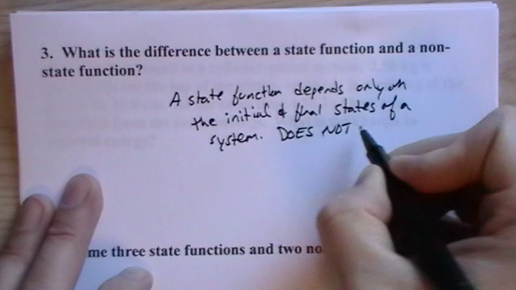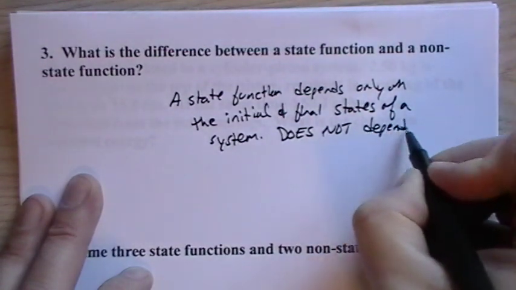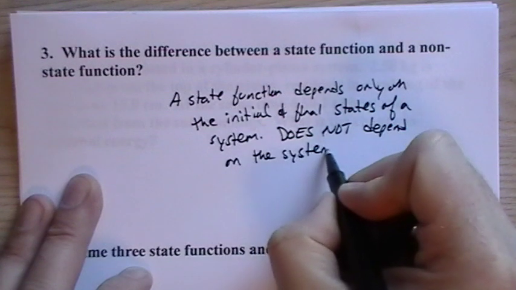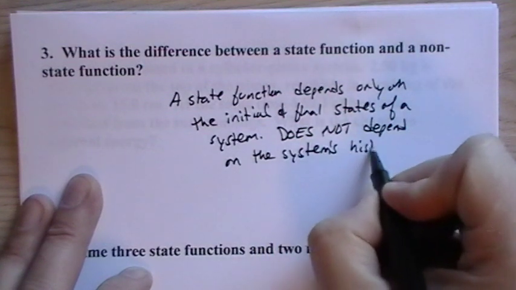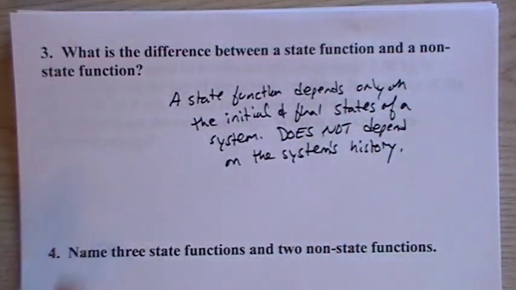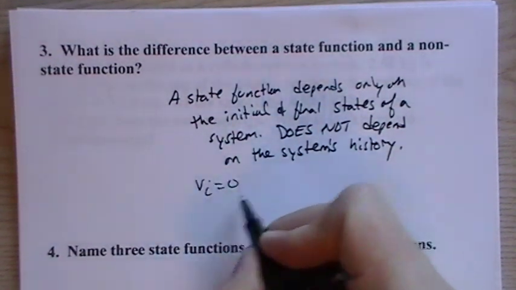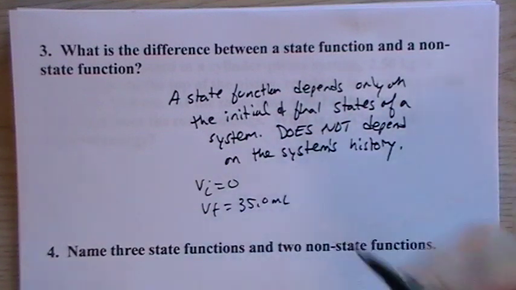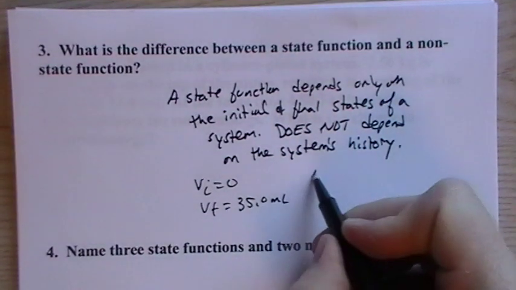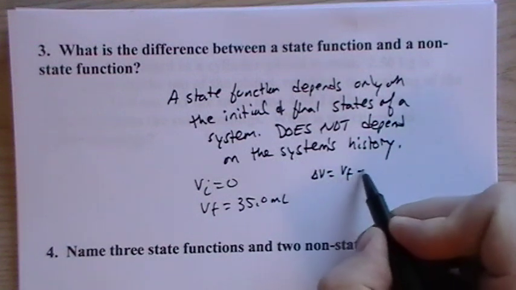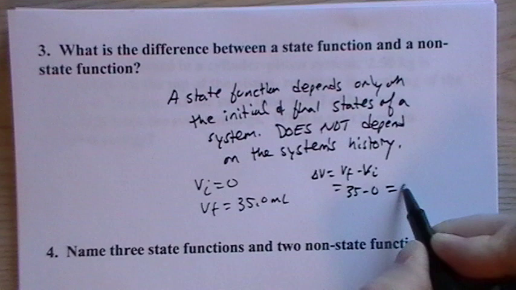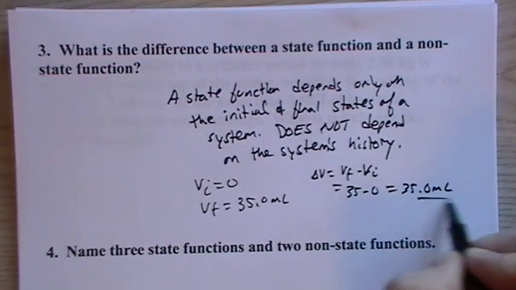Does not depend on the system's history. If you fill up a burette and the initial volume is 0, and you fill it up, you put in 35 mils, then your change in volume is VF minus VI, which is 35 minus 0, or 35 mils.